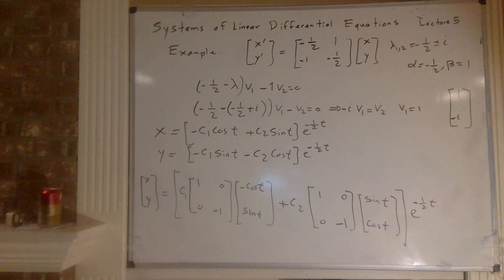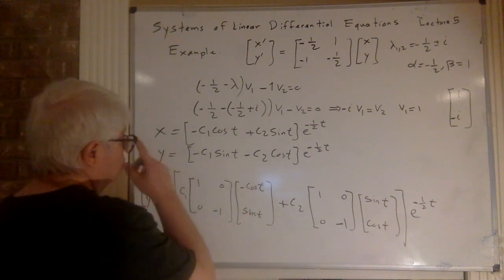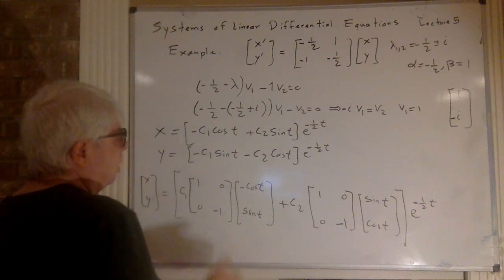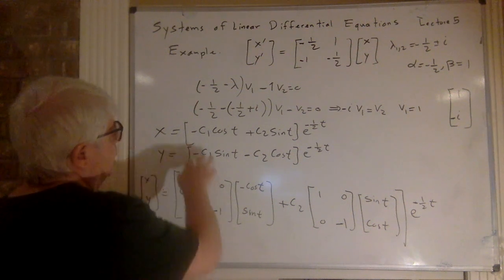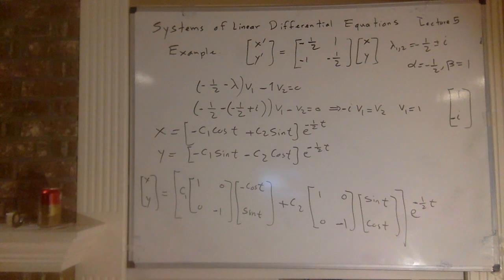Cosine, sine is this, both positive. Well, I have negatives here, that's okay. And this one is sine minus cosine. So that is in fact the same thing.